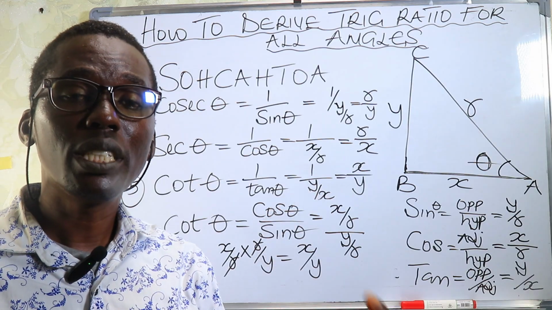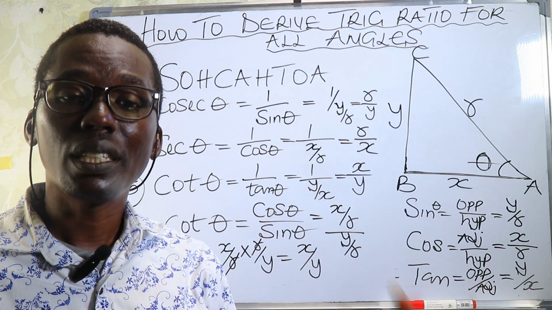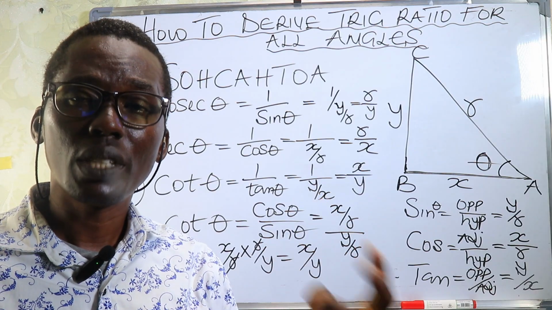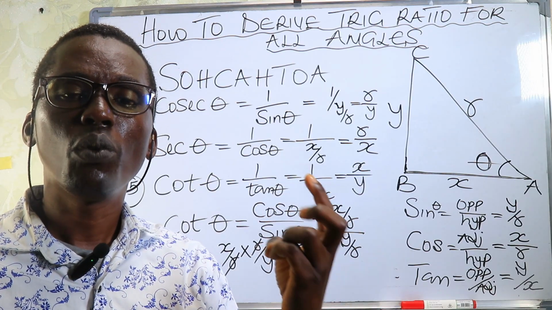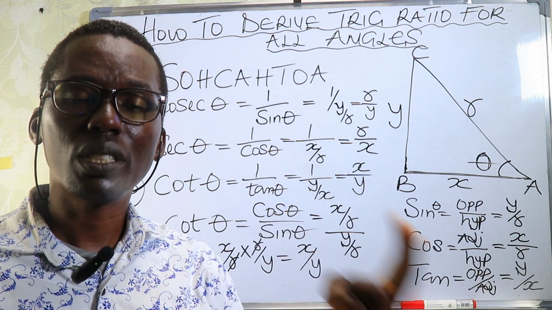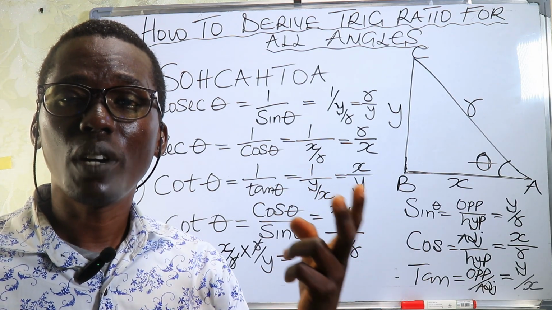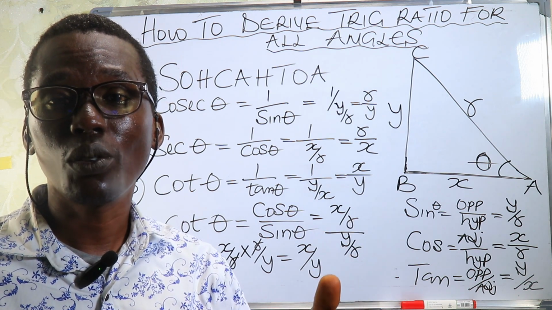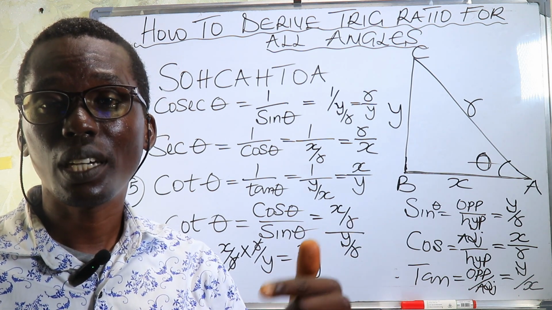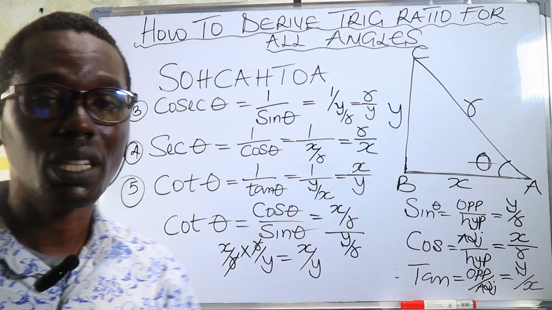So now we don know wetin cos theta, sin theta, tan theta be. We don know wetin cosec theta go give us, we don know wetin sec theta go give us, we don know wetin cot theta go give us, and we don know say the inverse of cot theta and tan theta will be sine theta over cos theta, and cos theta over sine theta.